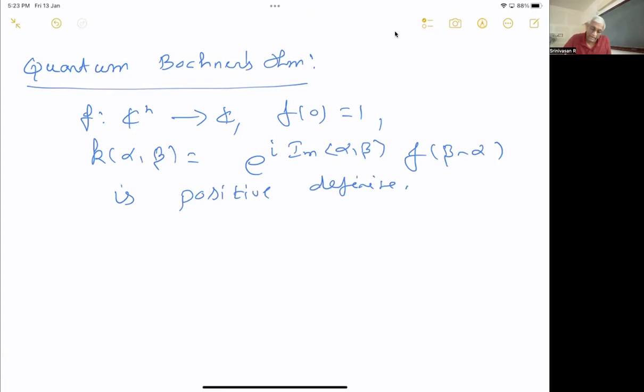F of 0 is 1 and f is continuous. It's a continuous function from Cn, and so this is positive definite.